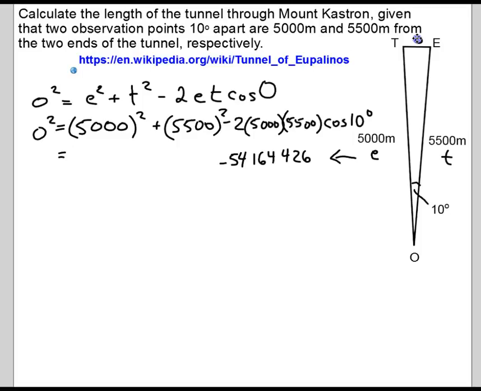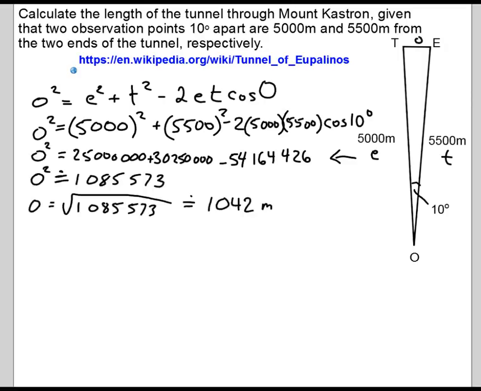Then I would square the 5,500 and get 30,250,000, and square 5,000 and get 25 million, and then I would work out the sum and then that last difference at the end.